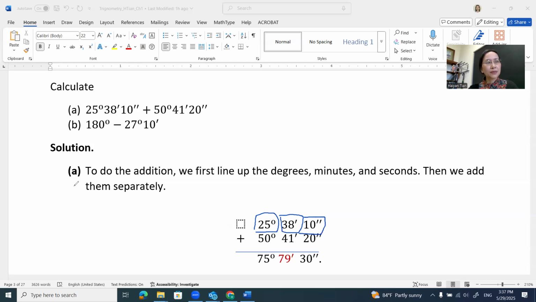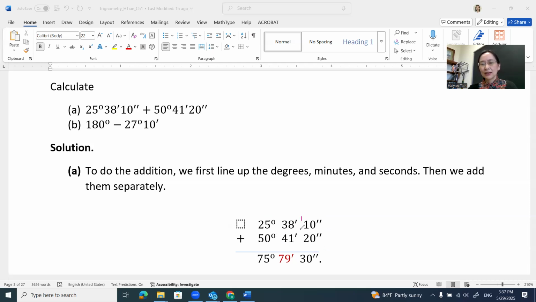Second angle, which is 50 degrees, 41 minutes, 20 seconds. And do you realize that we line up degrees and minutes and seconds?